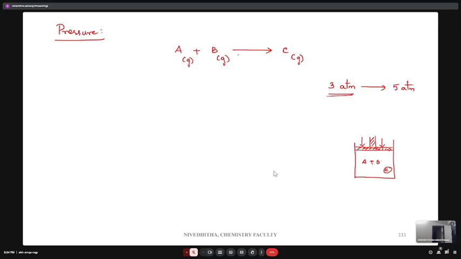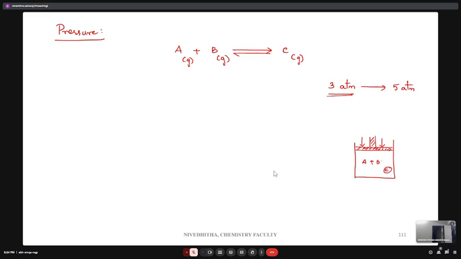So what will happen? Now this reaction has to nullify the effect. Basically, whenever the number of moles of gaseous species is more, then collision will be more. If collision between the gaseous molecules is more, then pressure will be more, right?